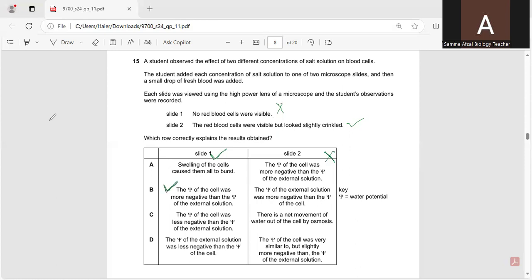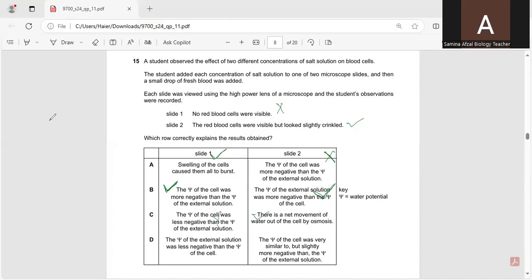So due to this reason, water entered the cells, due to which they burst. They were not visible because they were burst. C: the water potential of the external solution was more negative than the water potential of the cell. That is the reason the water moved out of the cells and they were plasmolyzed. D: the water potential of the cell was less negative than the water potential of the external solution, so there is a net movement of water out of the cell by osmosis.